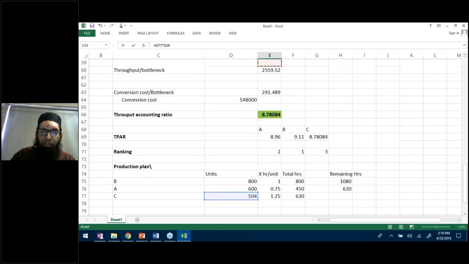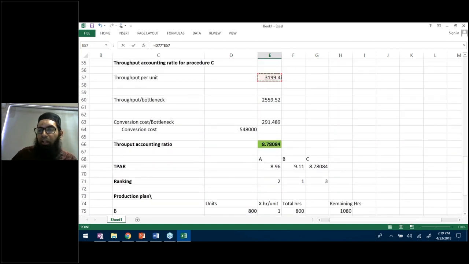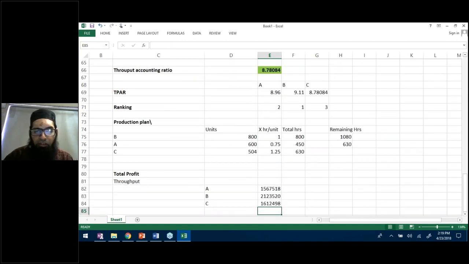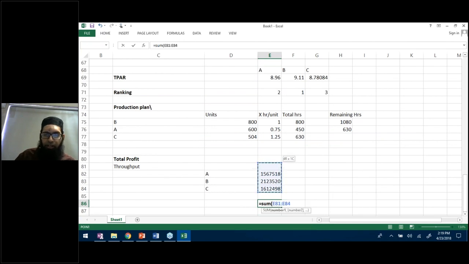Each procedure has the throughput per unit of 3199.4, which we had calculated in part A. So we have 1612498 total throughput. Now when I total that, I will get the complete total throughput of the company.